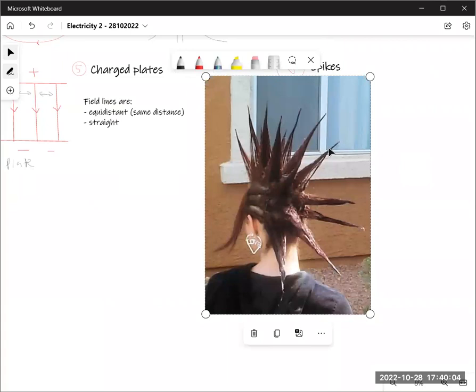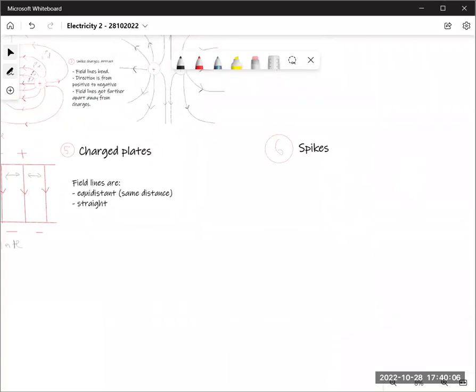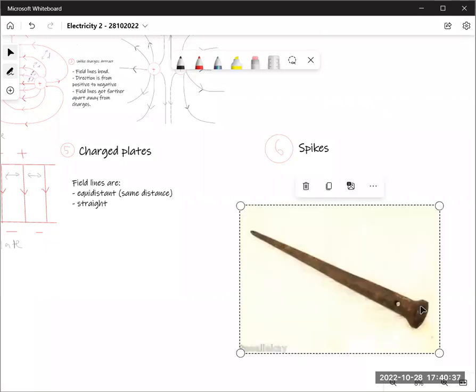What we are talking about is these spikes.